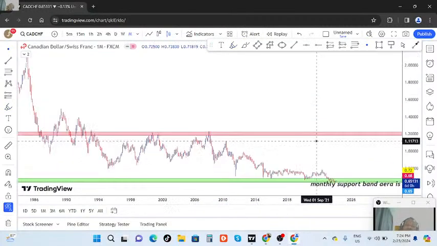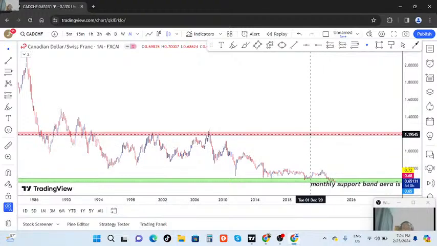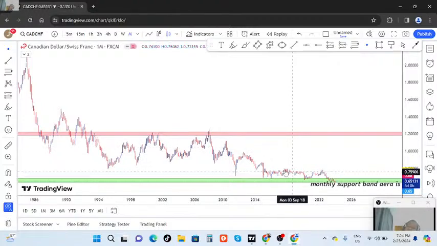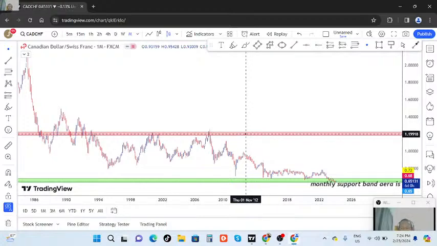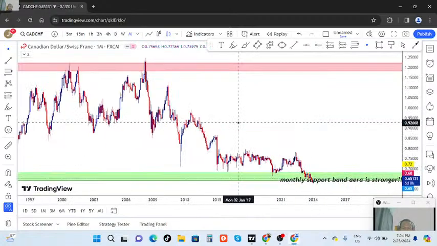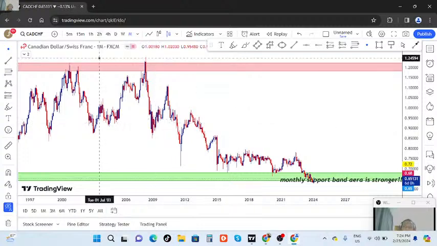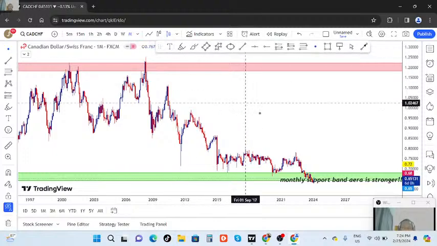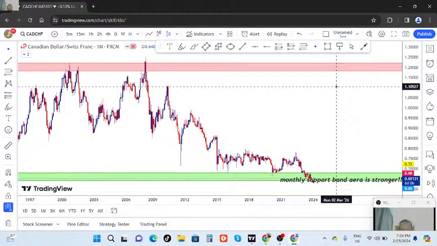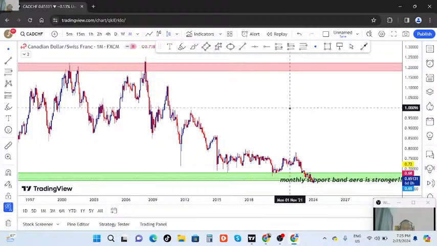Those are the first things we want to do when building our chart, because to be a good analyst in the forex industry, we must learn this business in the correct way, apply what we are taught, and do things in the correct way.